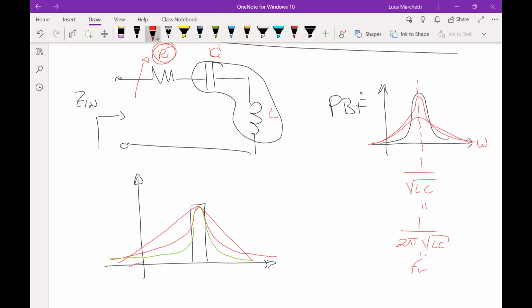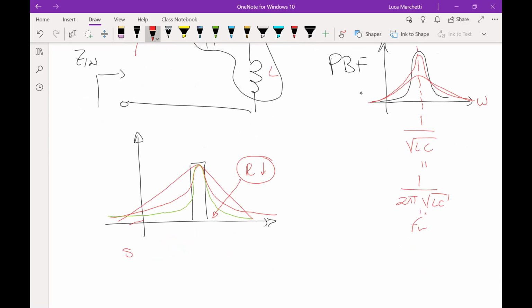Okay, so from here to here, the value of R decreases. The widest curve has the biggest value of R, and the thinnest curve has the smallest value of R. So the smaller R is, the better the passband filter is.